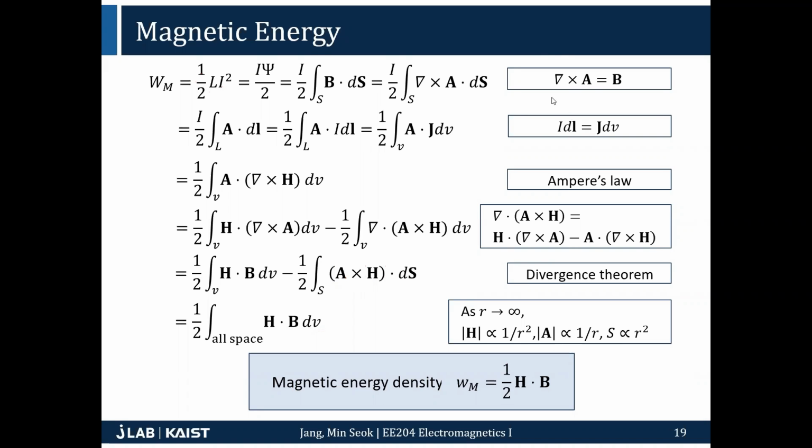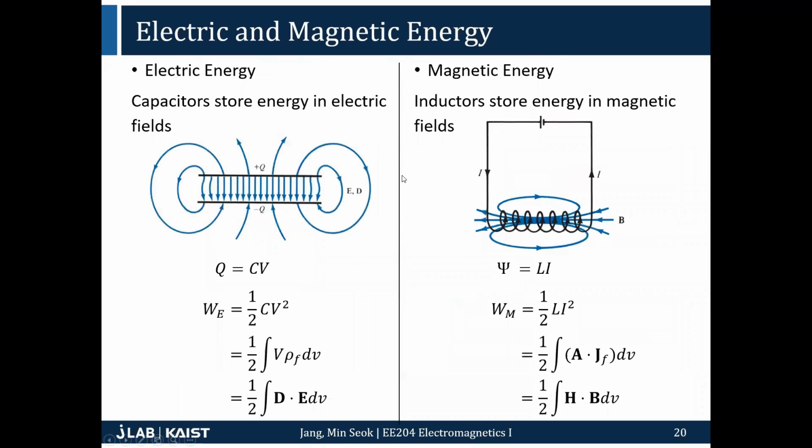Okay. Then let's compare these two systems. As I said, it is very instructive to compare everything in electricity and magnetism. In electrostatic energy, electric energy can be stored in capacitors, as we said.